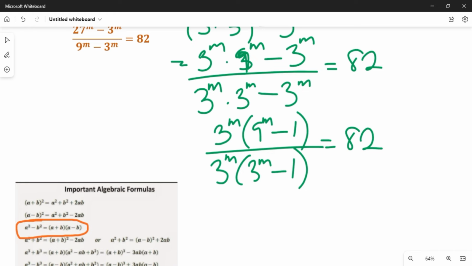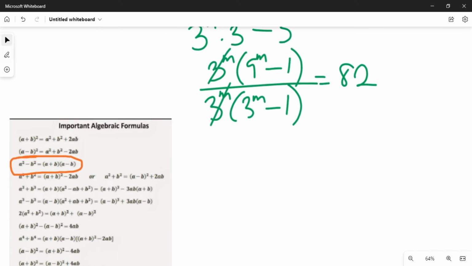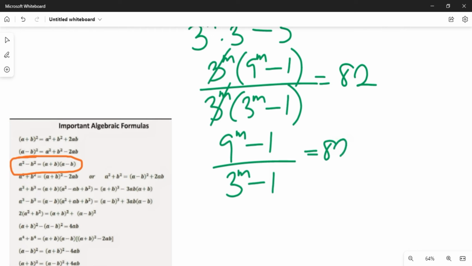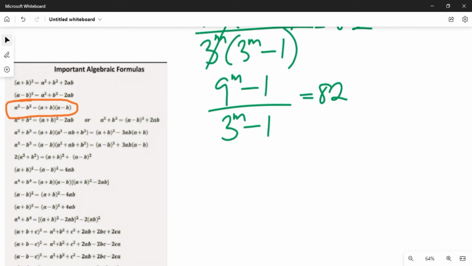So you see that from the numerator and the denominator, we have a common term, m. So m will cut m, and we'll be left with 9 raised to power m minus 1 all over 3 raised to power m minus 1, and this will be equal to 82.